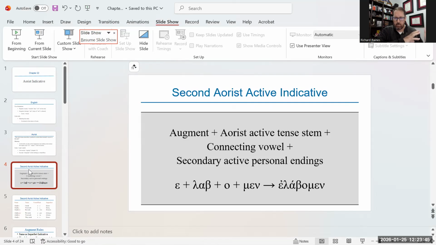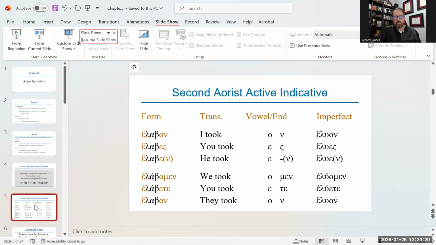So if you learned chapter 21, which is our last chapter, if you learned those imperfect endings, then all you're doing is adding the augment, and then you're going to have to learn those second aorist verbal roots or verbal stems. But I'll show you where to look for that. There's a place in the back of your book that lists all of those forms. So here is the paradigm for the second aorist active indicative.